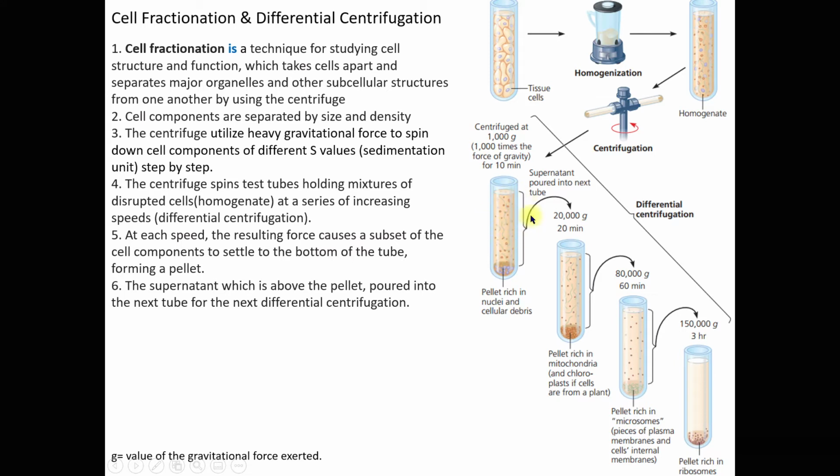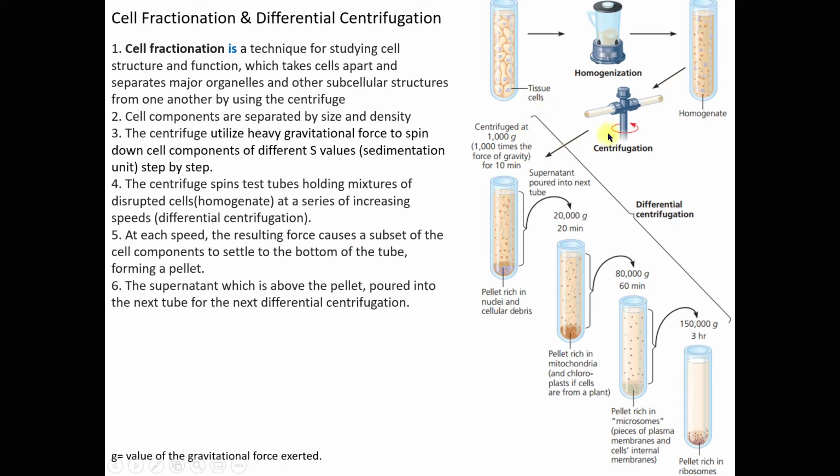The supernatant, which is above the pellet, will be poured into the next tube for the next differential centrifugation. So in this centrifuge tube, we have the homogenate. The centrifuge will spin the homogenate and separate the components in it.